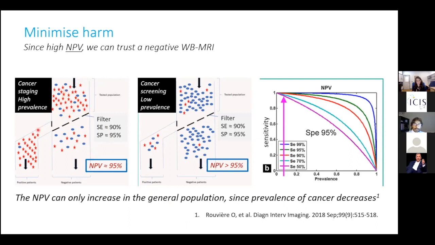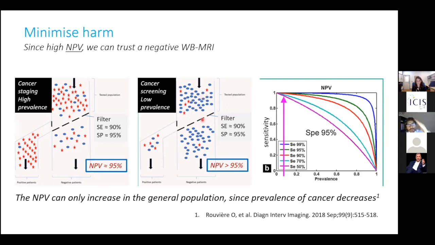So if you apply your filter, your negative predictive value filter, which is whole body MRI, then some of the red stars are filtered through, and the negative predictive value in a staging population, as we saw in the table before, is roughly 95%. It's still very high. So if we apply the same examination, in other words the same filter, to a different population, a cancer screening population, where we know the prevalence of cancer is extremely low, 2%, the red stars, the cancers, are few in the pretest probability.